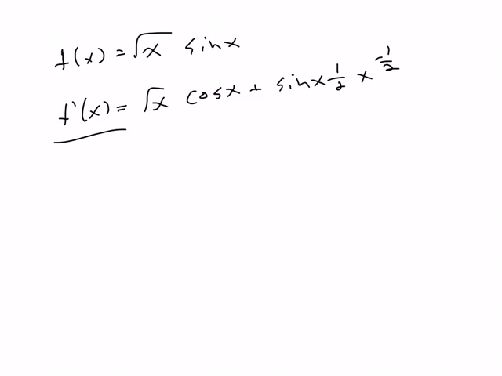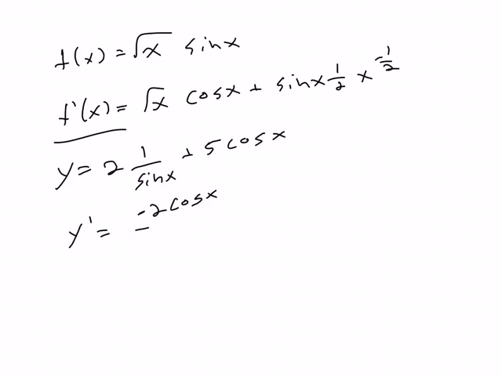So problem 4 gives us y is equal to 2, so I'm just going to write it out based on the definition, 1 over sine x plus 5 cosine x. So y prime is going to be negative 2 cosine x over sine x squared, right?